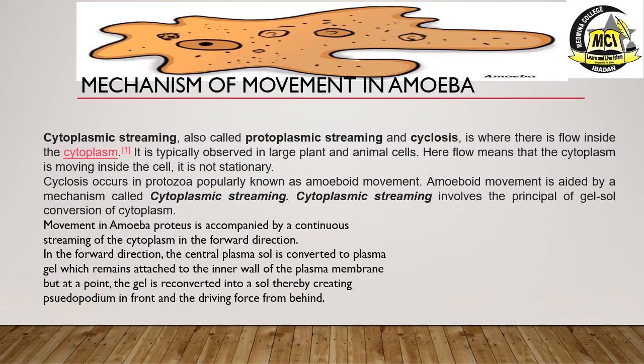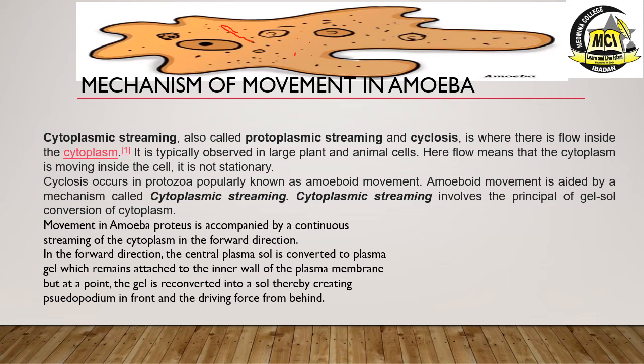Now, what is cytoplasmic streaming? It is also called protoplasmic streaming as well as cyclosis. This is where there is a flow inside the cytoplasm, that is the cytoplasm of the amoeba we see here. Yes, there is a flow inside.